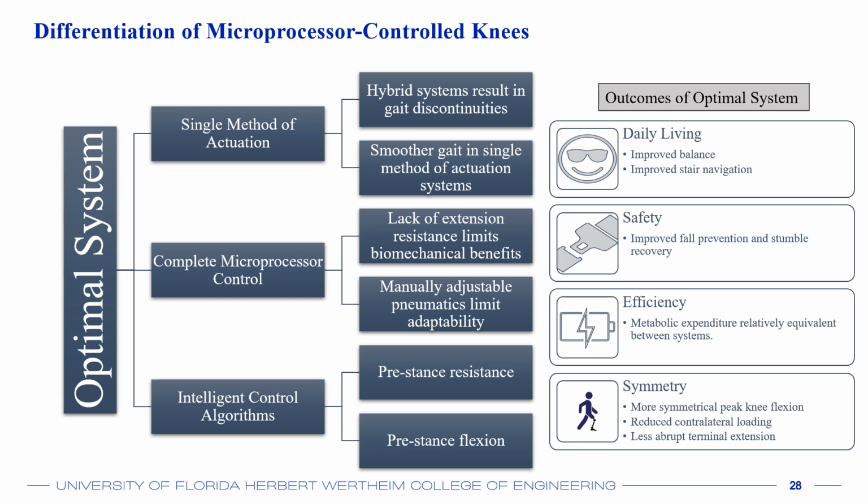Additionally, intelligent control algorithms further improve the outcomes of microprocessor-controlled knee acquisition, given that pre-stance resistance can improve fall prevention and pre-stance flexion can improve symmetry and overall kinetics, as well as kinematics. The outcomes of this optimal system include further improvements to daily living and safety, with some more consistent findings of metabolic expenditure, being that all devices were around the same improvement to metabolic expenditure.